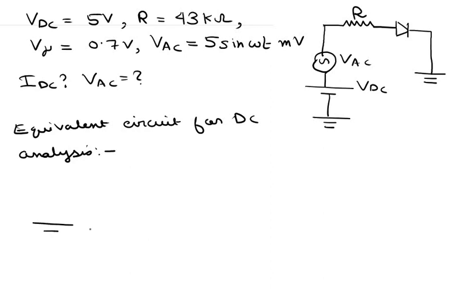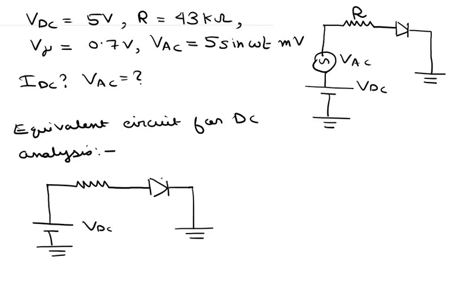There is a DC voltage here, this point is grounded, there is a resistor R of 43 kilo ohm, there is a diode whose cut-in voltage is 0.7 volts, and then this point is grounded. So this DC voltage is 5 volts, this resistor R is 43 kilo ohm, and this diode has a cut-in voltage V gamma equal to 0.7 volts.